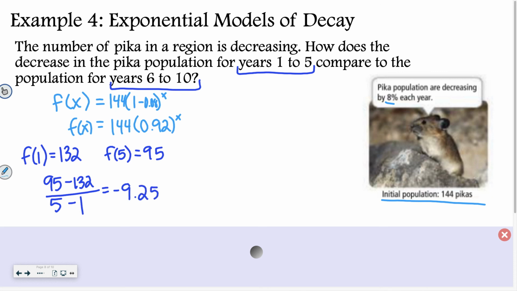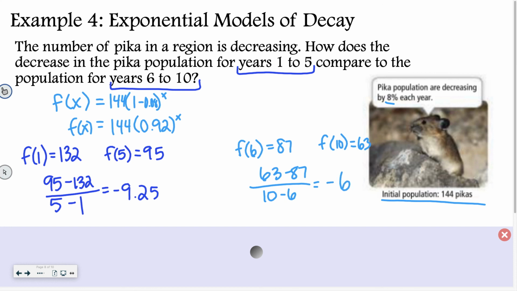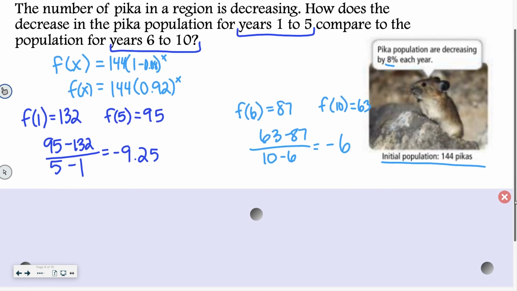If I compare years 6 through 10, when I plug 6 in, I get about 87 picas. When I plug in 10, I'm left with about 63 picas. So if I do 63 minus 87 over 10 minus 6, I'm left with about negative 6. So you can see as the years go on, the rate of decrease lessens, right?